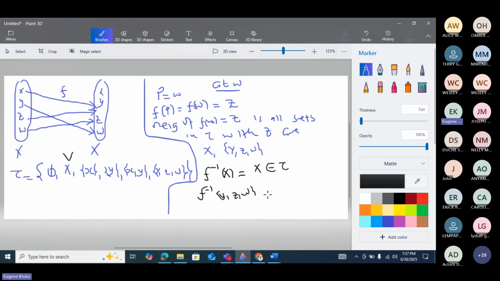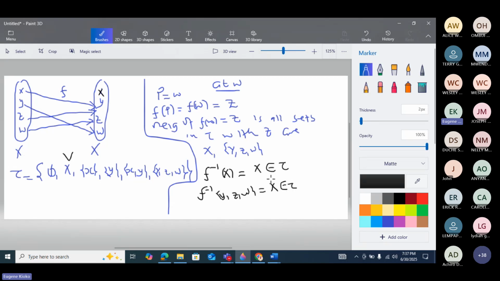Then you ask yourself, the inverse of Y, Z, W is X, Z, W... Y, Z, W gives all of X, Y, Z, W. Again, it gives us the whole of X, which is in tau.